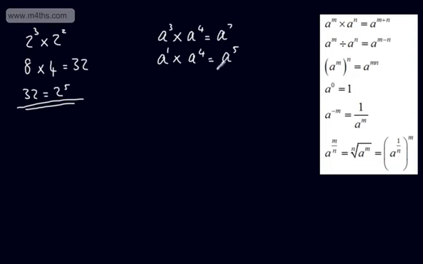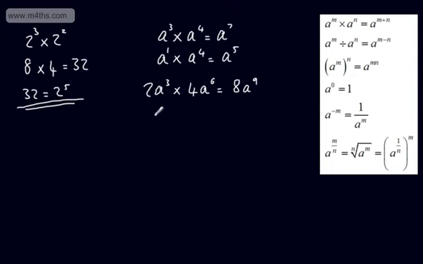Sometimes we might have a numeric value, so we might have 2a to the power of 3 multiplied by 4a to the power of 6. All we do is multiply the numeric values, so we've got 2 times 4, which is going to give me 8, and then we consider a. So we've got the same base and we add the exponents, so we'll get a to the power of 9.